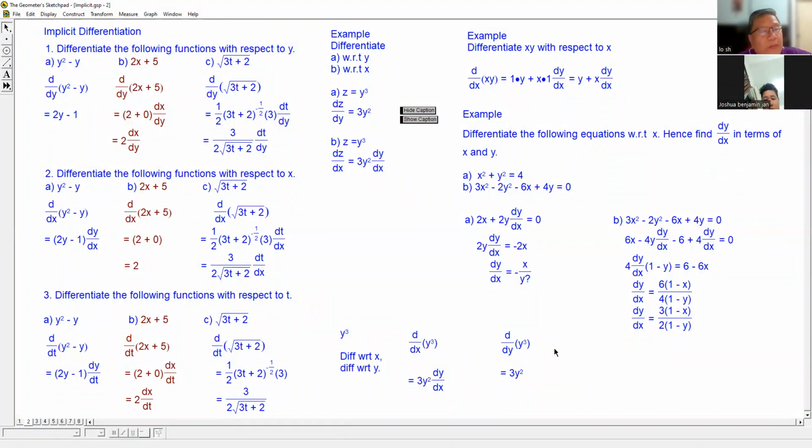Put it behind. Now, instead of this one, they ask how are you going to differentiate square root of y? Square root of y with respect to x and y.